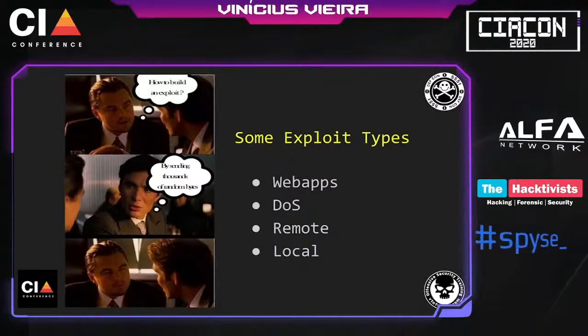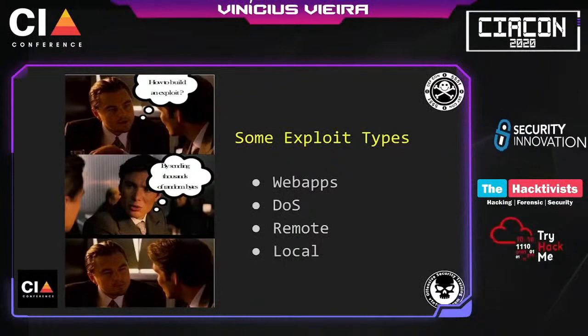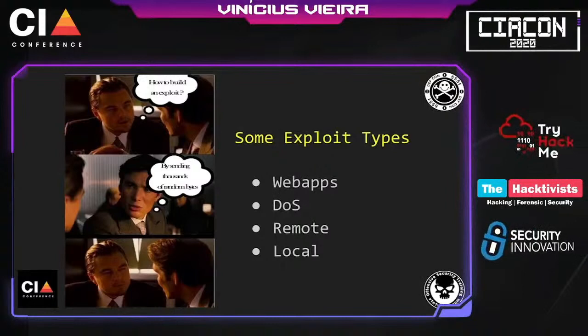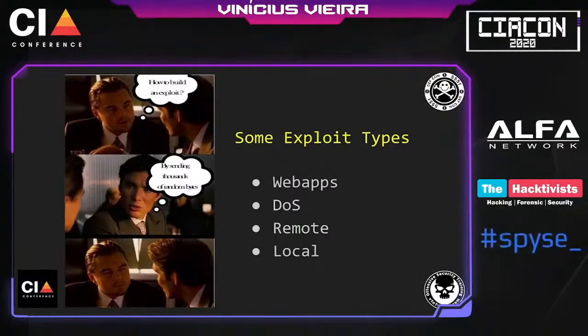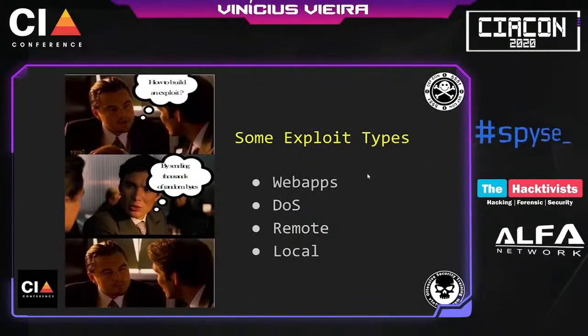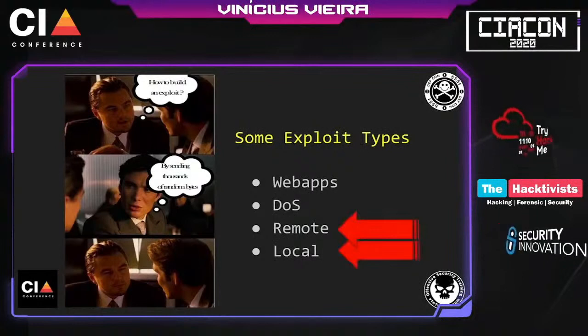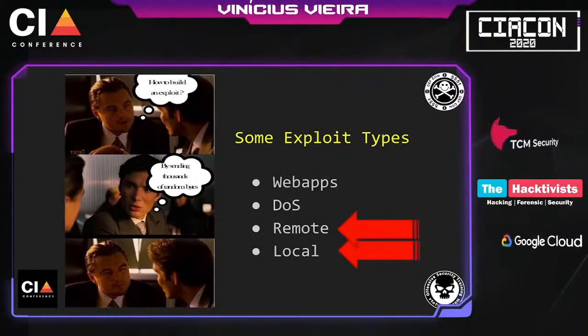Exploits for web applications; exploits for denial of service, which can be either local or remote; exploits for remote attacks, which generally grant unauthorized access to any system or application; and exploits for local vulnerabilities that generally grant privileged access to the operating system by exploiting kernel or end user permission flaws. Although there are several types of vulnerabilities, for an attacker the best option is always to exploit vulnerabilities that grant unauthorized access, either locally or remotely.